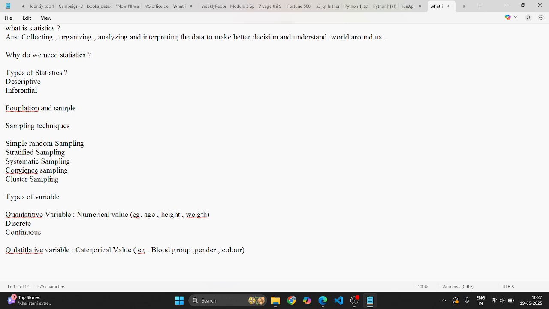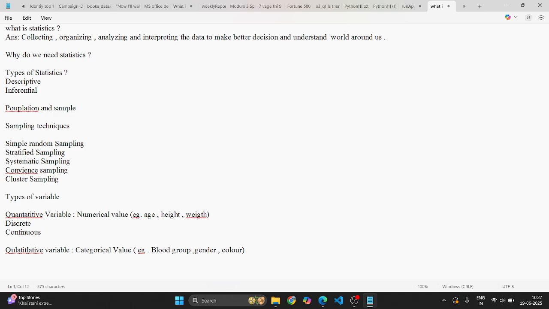And in quantitative, there are two types, discrete and continuous. Discrete is, for example, the number of children in a family, which can't have a decimal, so it's a discrete random variable. And after that, continuous, for example, temperature.